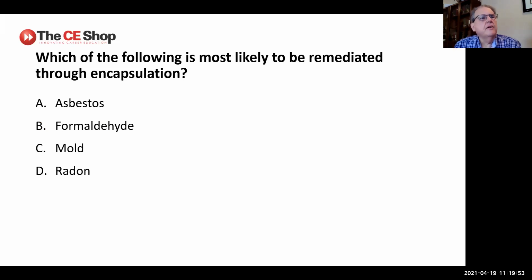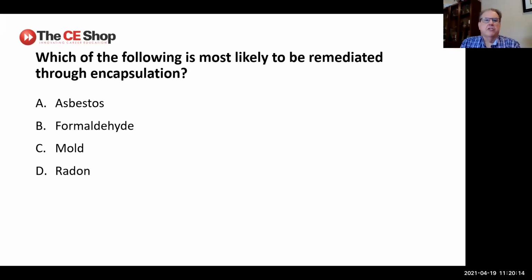Which of the following is most likely to be remediated through encapsulation? Well, asbestos, that exists in many, many different materials. Formaldehyde, that's again a gas.